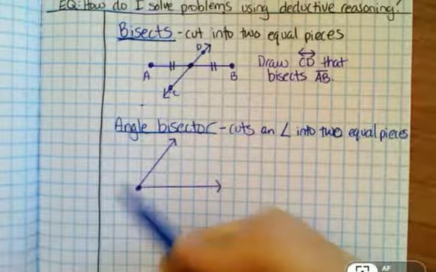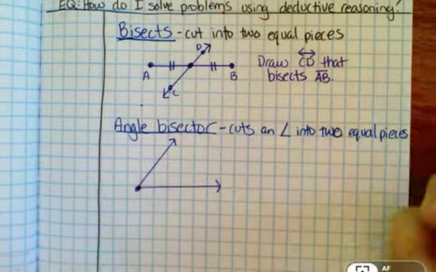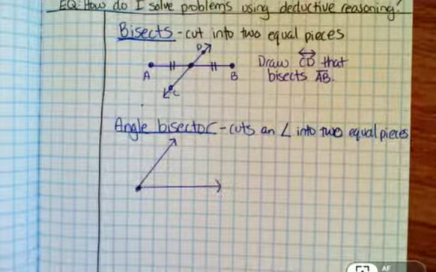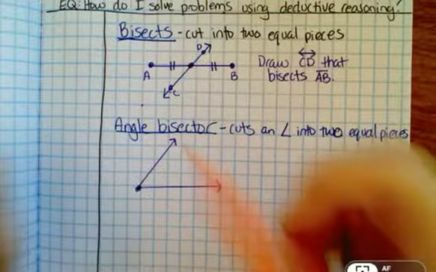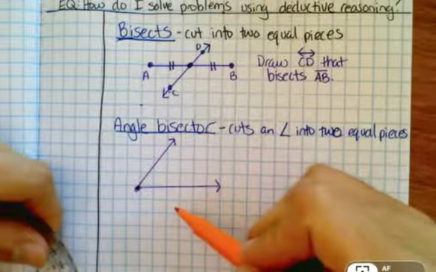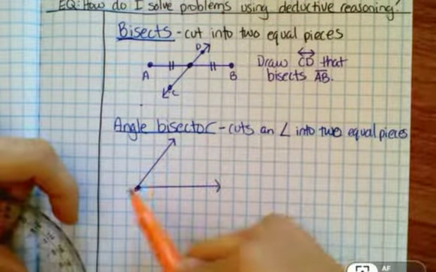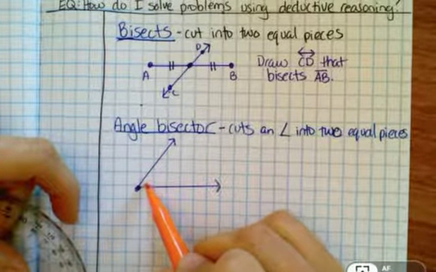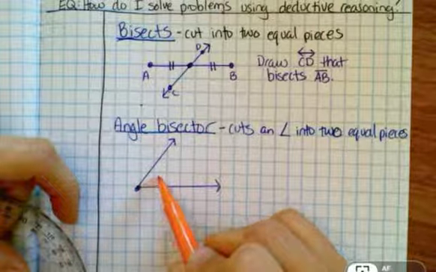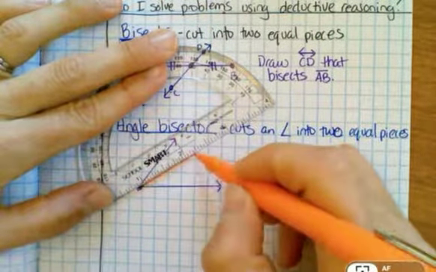So the way we're going to do that is it needs to go through this vertex. It could be a line. I'm just going to draw a ray here. And what's important is that it cuts this angle exactly in half. And I'm not going to use my protractor to figure out where it would go. I'm going to use markings to show that it's an angle bisector. But I want to figure out about where it looks like, I don't know, about there would cut it in half. So I'm going to eyeball it and then draw it.